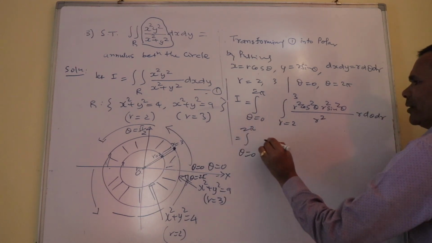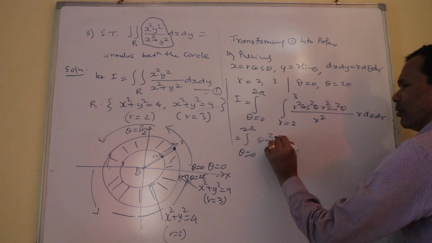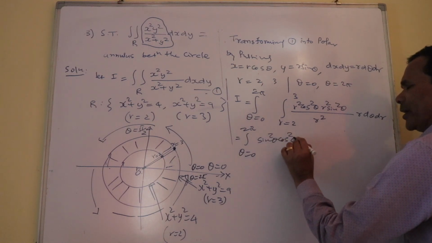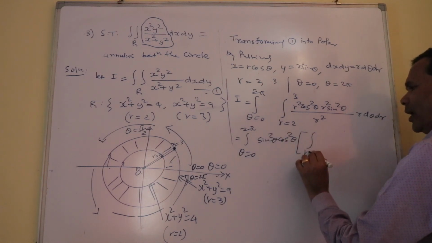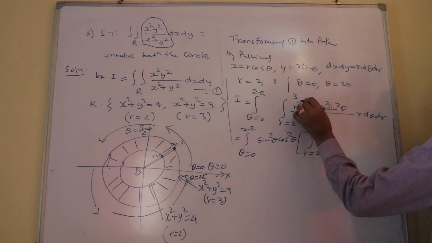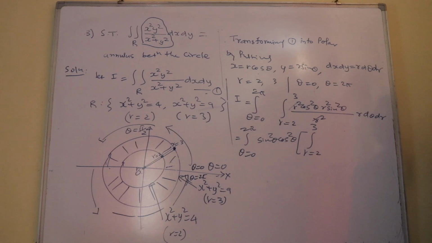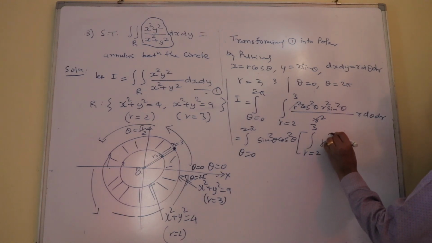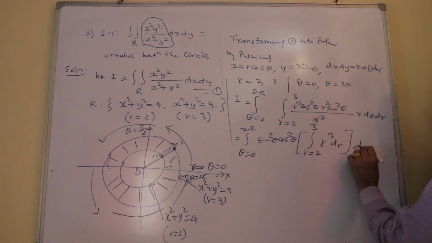So it would be sin square theta cos square theta, which I take outside, and here r is equal to 2 to 3, and here r square gets cancelled, r cube into dr into d theta.